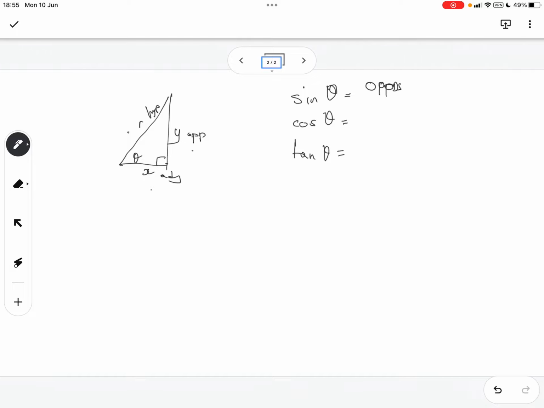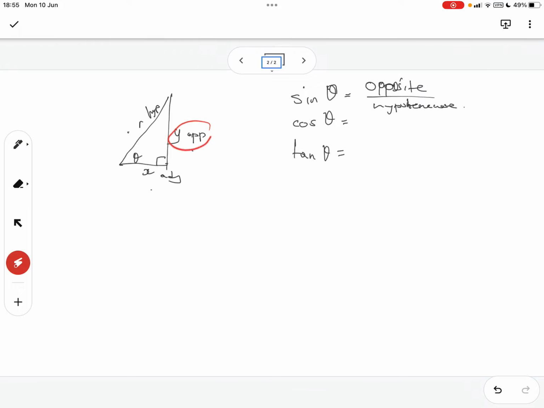We use them because knowing one of them will give us either the angle or even the length of the other side. In any case, the trig ratios are defined as follows.